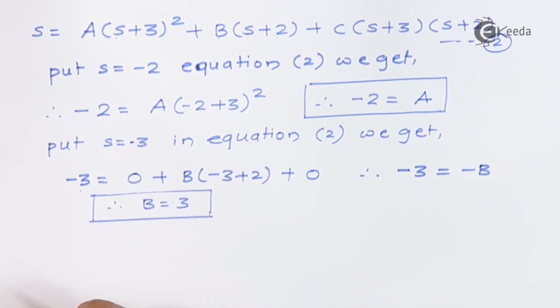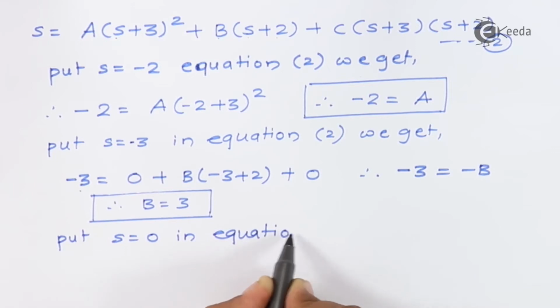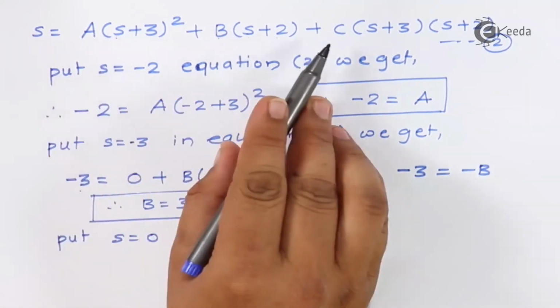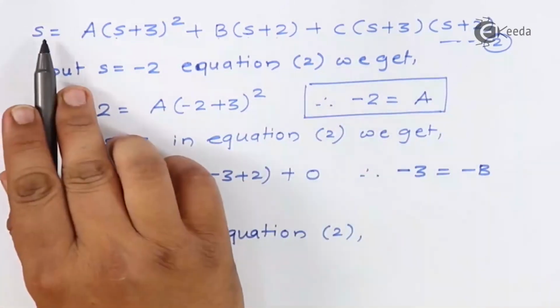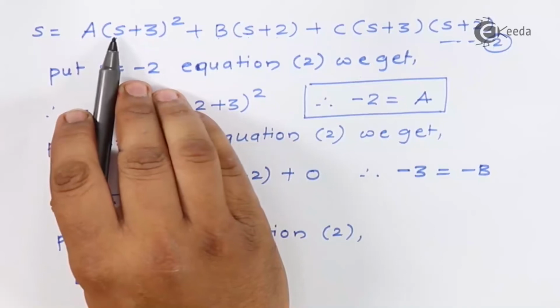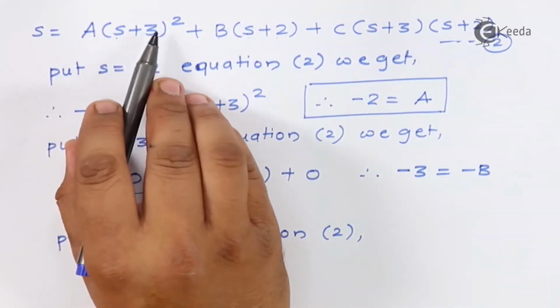Now for the third step, to find out C, I'll substitute s equals 0. What you will get, all these s replaced by 0. So on left hand side what you will get, 0. If this s is replaced by 0, then 3 plus 0 becomes 3 and 3 square is 9.